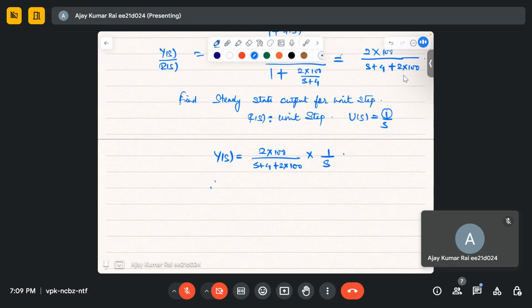Okay, I think here you'll get 1 if you apply final value theorem. So what is that value? S into 2 into 100.